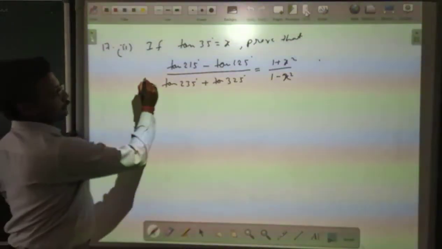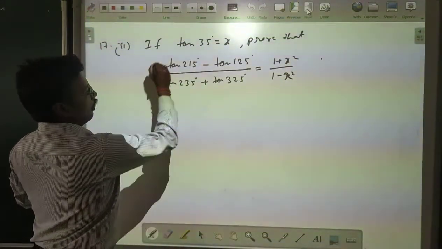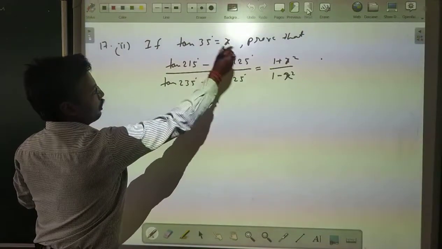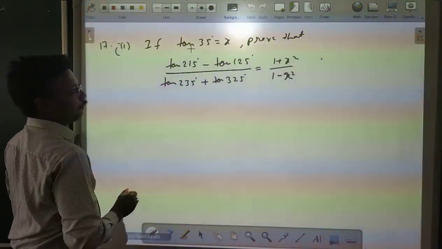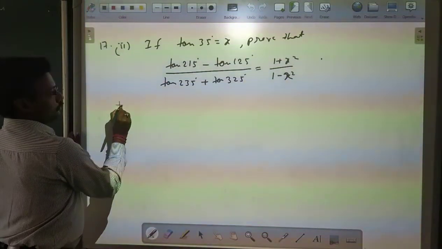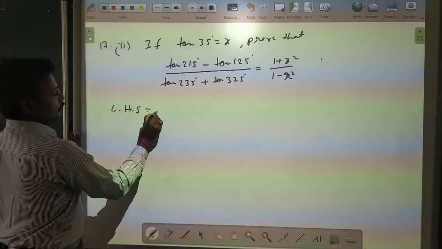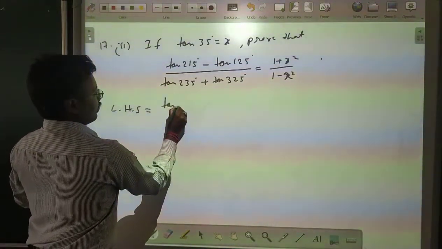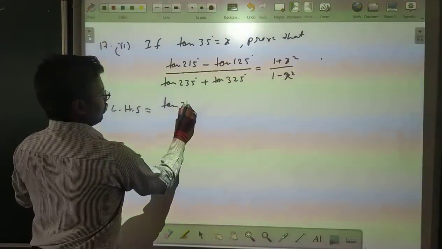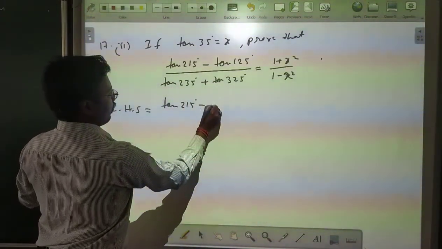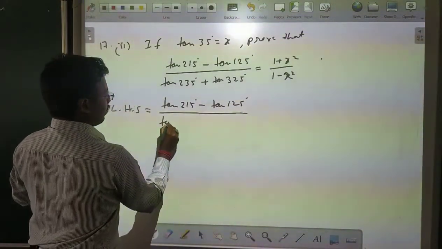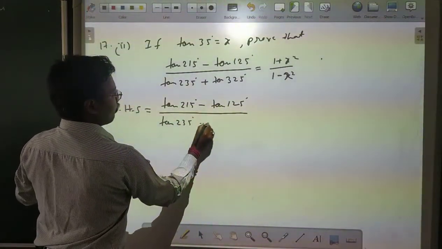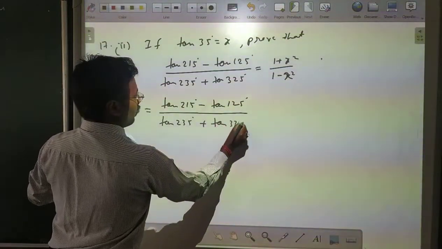So in this case, what we need to do is, we have to write each and every trigonometric term in terms of tan 35 degrees. So on the left hand side, we can write (tan 215 degrees minus tan 125 degrees) upon (tan 235 degrees plus tan 325 degrees).